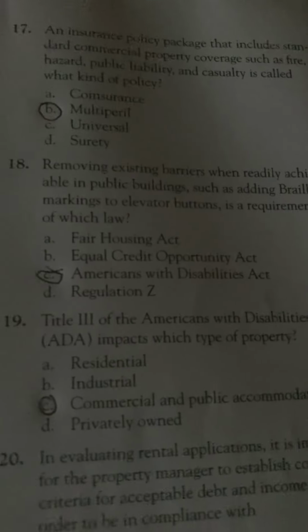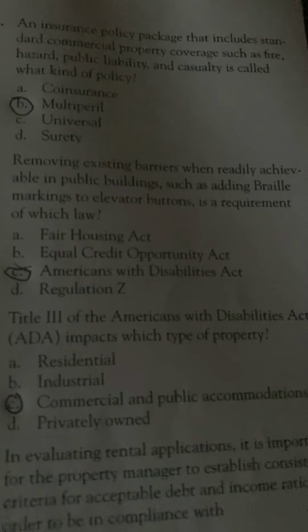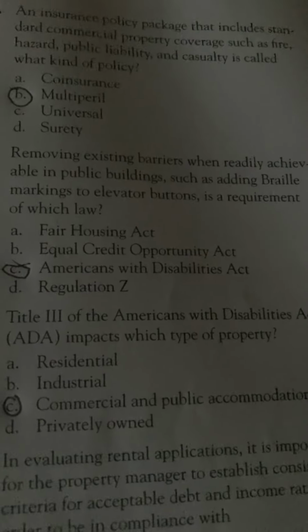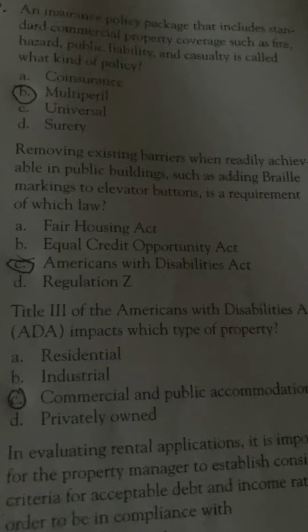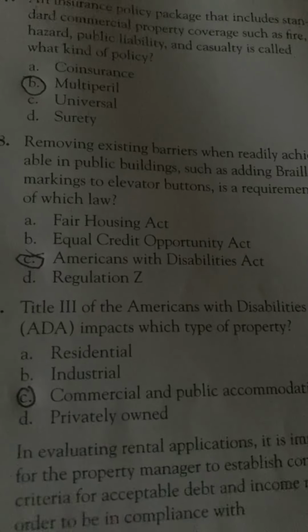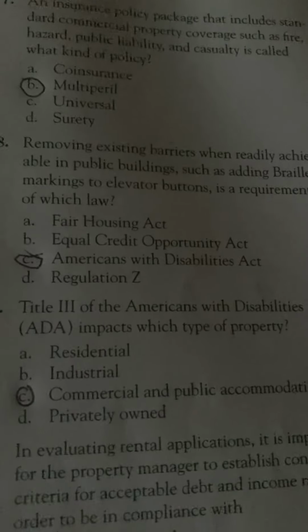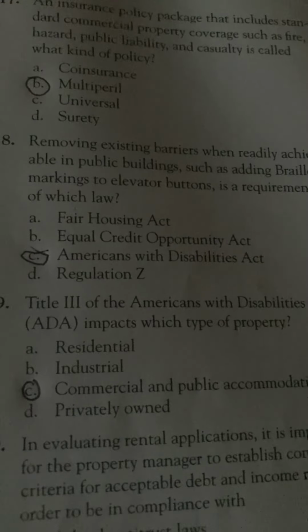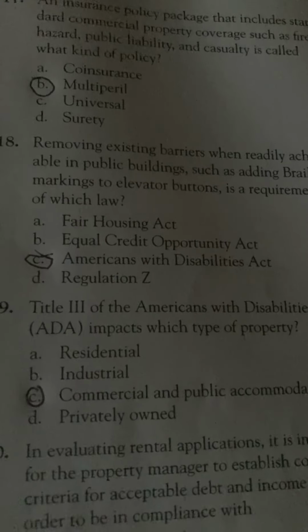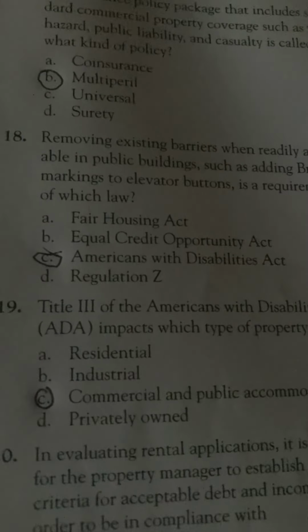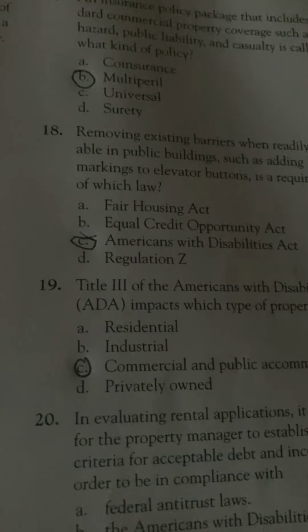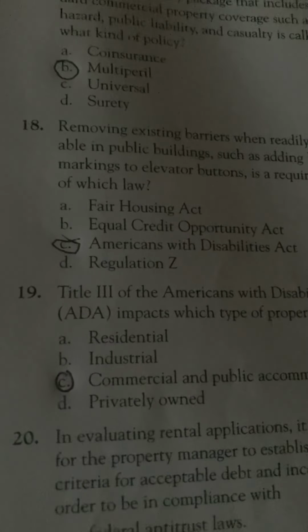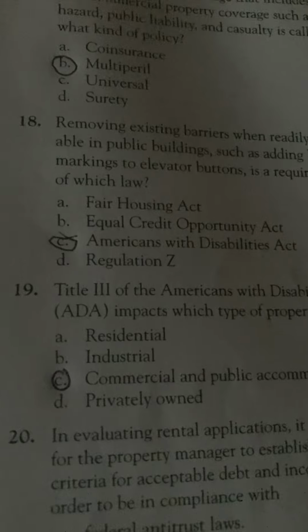Number 18. Removing existing barriers when readily achievable in public buildings, such as adding braille markings to elevator buttons, is a requirement of which law? A, Fair Housing Act. B, Equal Credit Opportunity Act. C, Americans with Disabilities Act. Or D, Regulation Z. The answer is C, Americans with Disabilities Act.